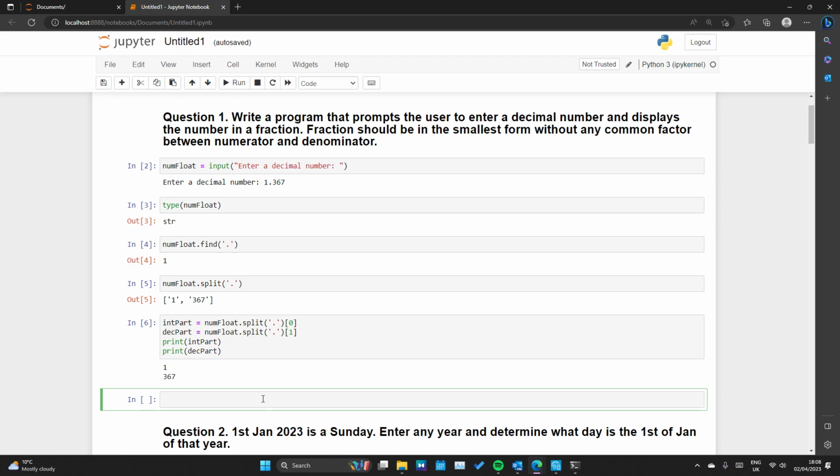So I can say that this number, the numerator for the decimal part, I'm just going to call it decimal numerator, and it should be equal to the decimal part, right?